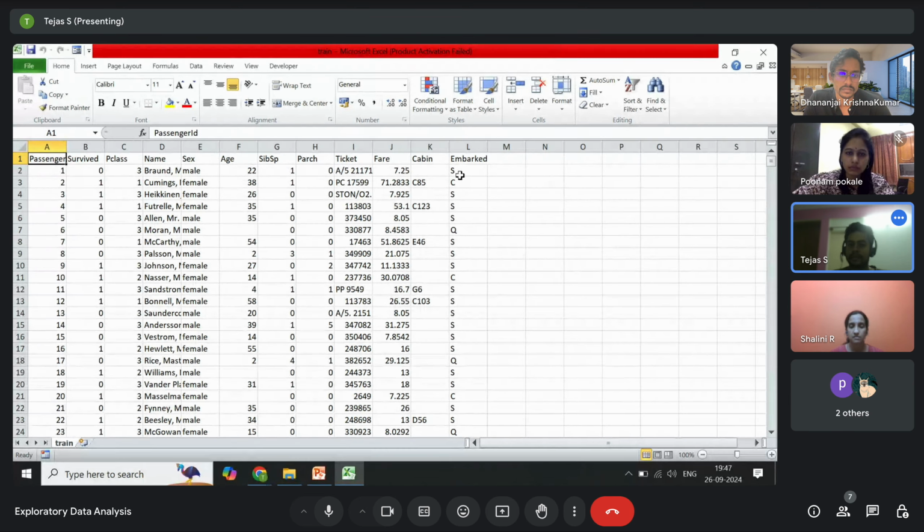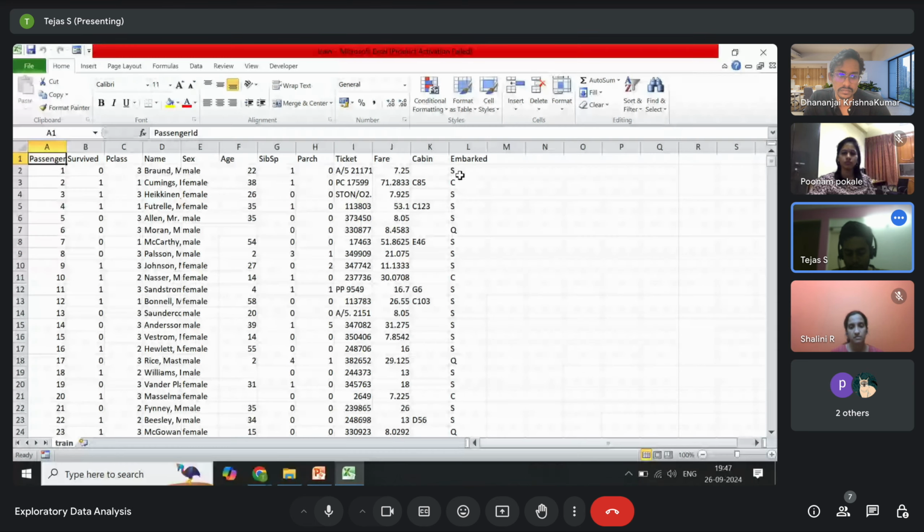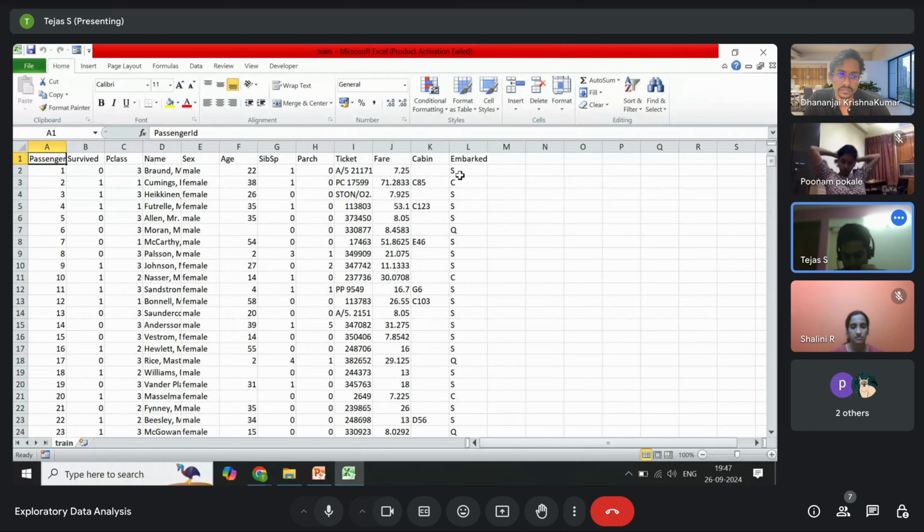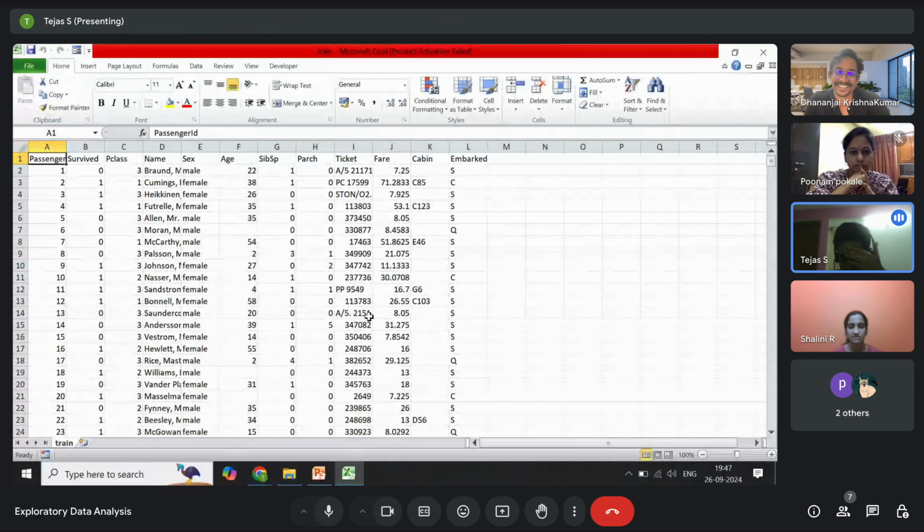Here, S stands for Southampton, and we have two other places. The pronunciation is a bit difficult here. C stands for Cherbourg, and Q is for Queenstown.